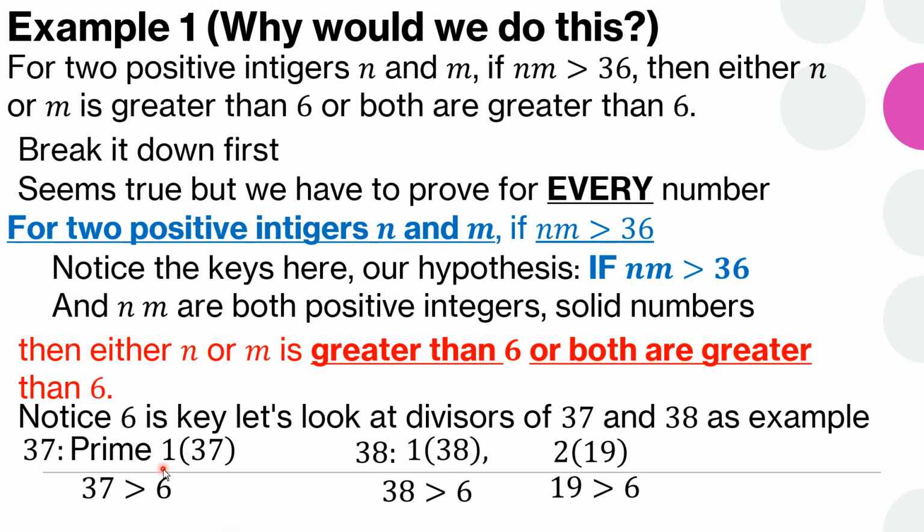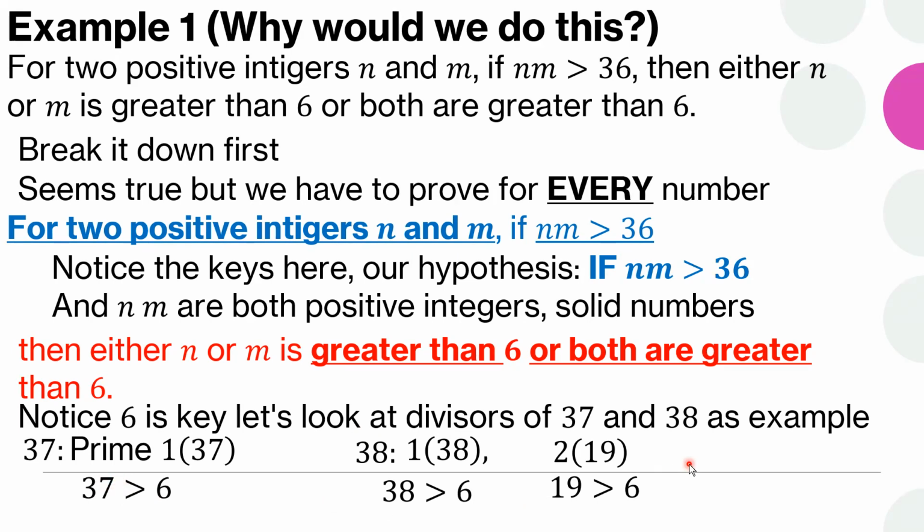Just saying it works for 37, so it works for all, does not work. Just saying look, it works for 38, so it works for all, does not work. You have to prove without a shadow of a doubt that it works for every single number beyond 36.